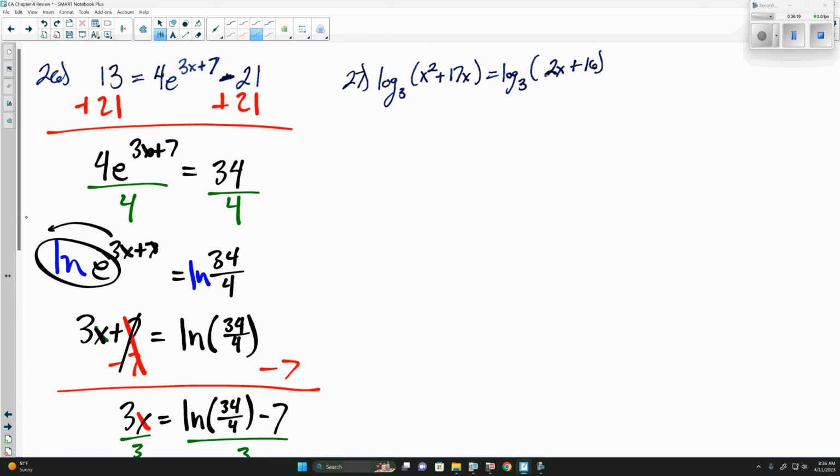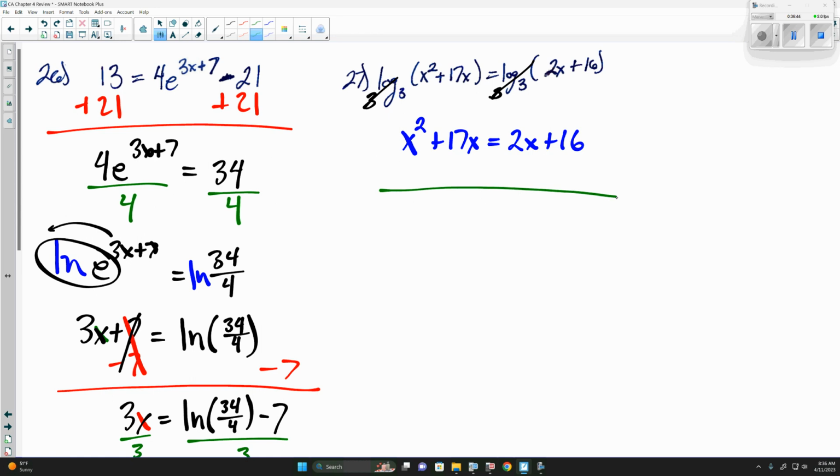27 is very nice. Since we do have the same log on either side, we can just set what's inside of them equal. Or essentially we apply base 3 to both sides. They both cancel, just telling us that x squared plus 17x is equal to 2x plus 16.